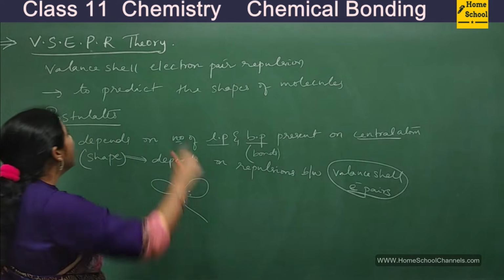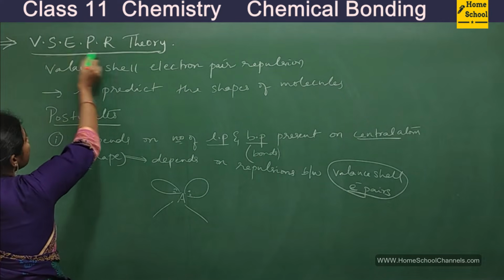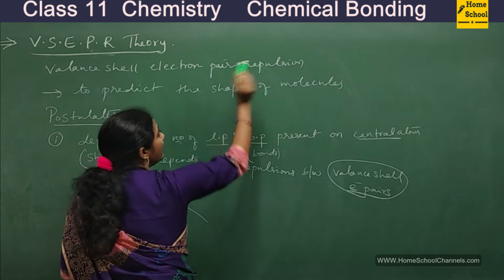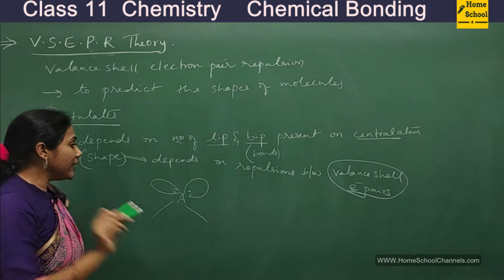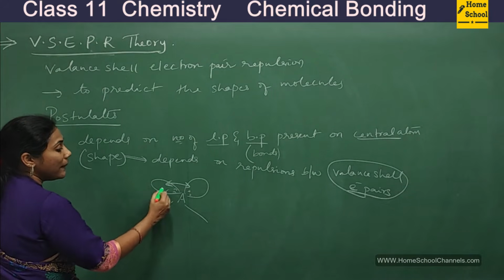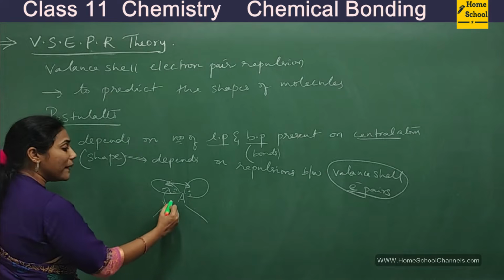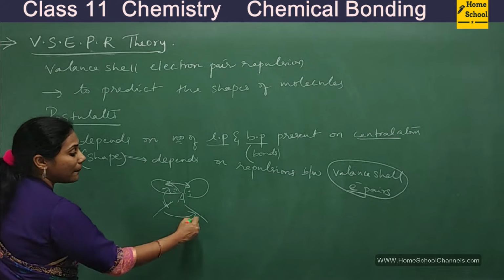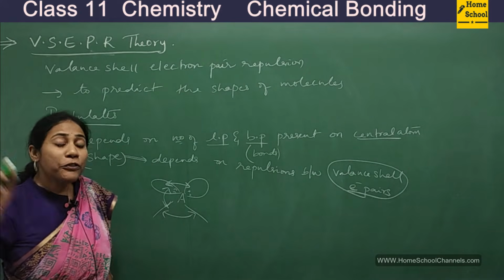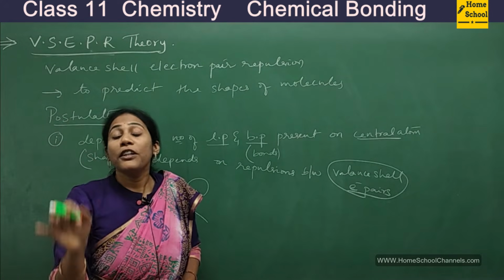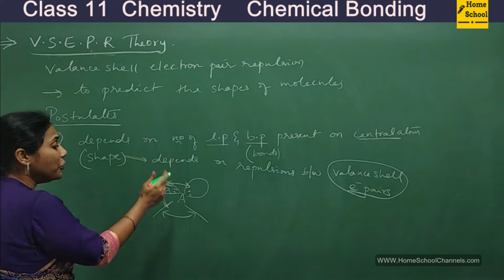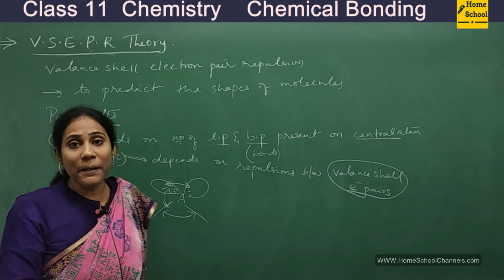So that is the reason you can see the full form of VSEPR, valence shell electron pair repulsion theory. Definitely you will observe a sort of repulsion between lone pair-lone pair, lone pair-bond pair and bond pair-bond pair. So it is these repulsions that have to be minimum in a molecule to have a stable molecule. Okay, so how do you make these repulsions minimum?